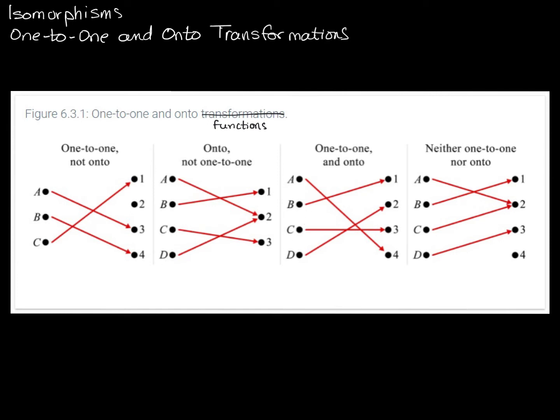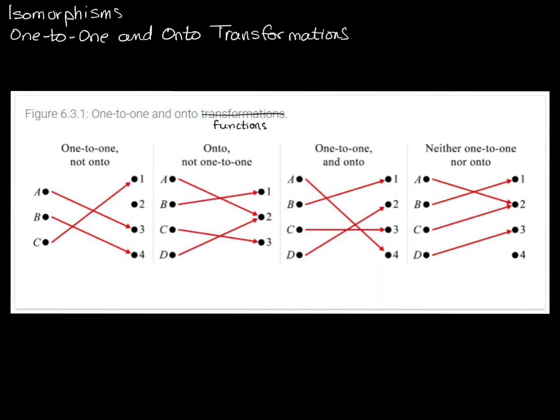That's how we decided that this was a function. If I had c going to 2, for example, now I have a duplicate. I have two things coming out of c, so it's not a function. Here I have two things going into 2, so it's not a one-to-one function. You see the difference? Okay, so this one is one-to-one because for every x, there's exactly one y.